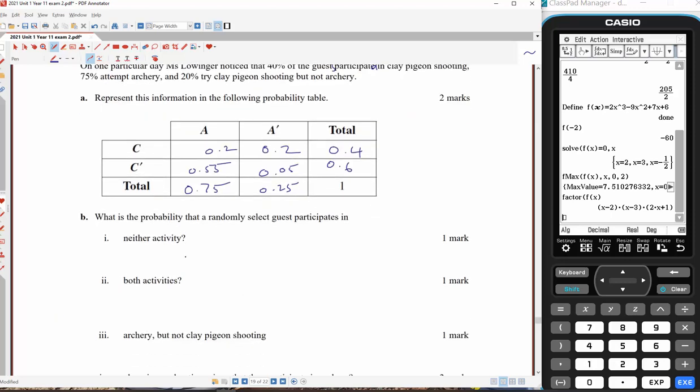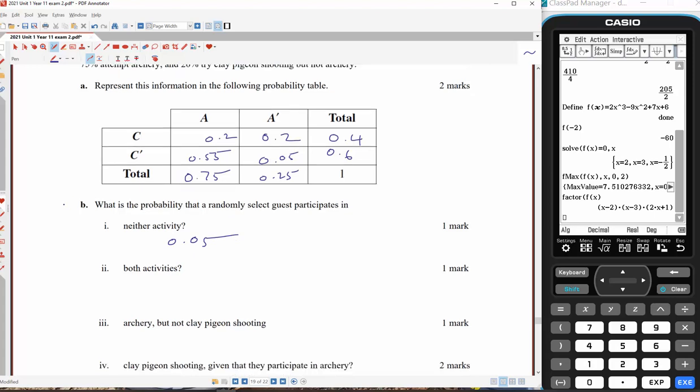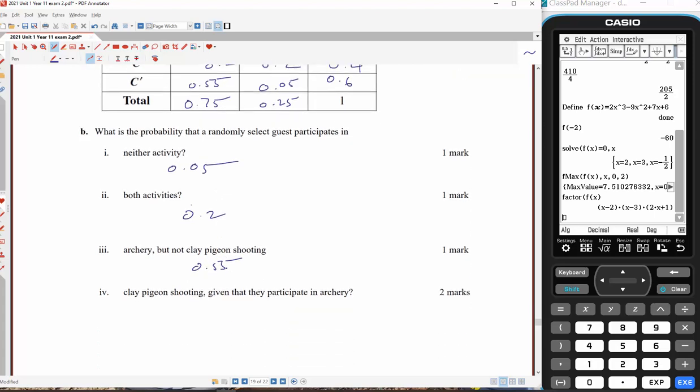What is the probability that a randomly selected guest participates in neither? That's that one there. Both. Archery but not clay pigeon shooting. Archery but not. These are so easy with a two-way table.